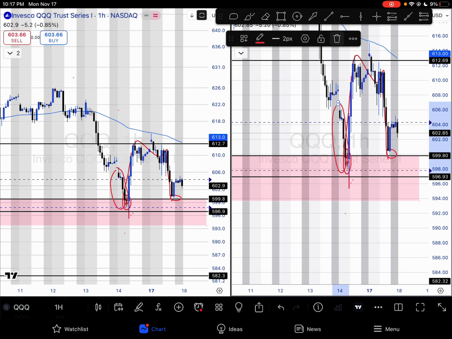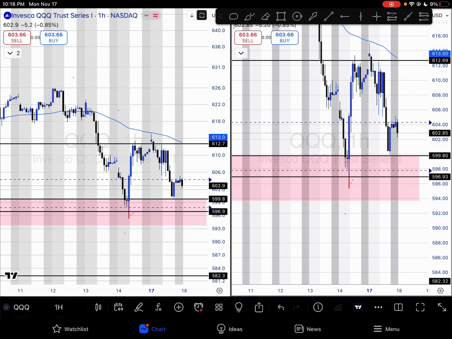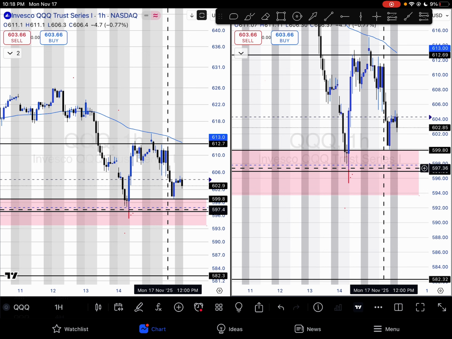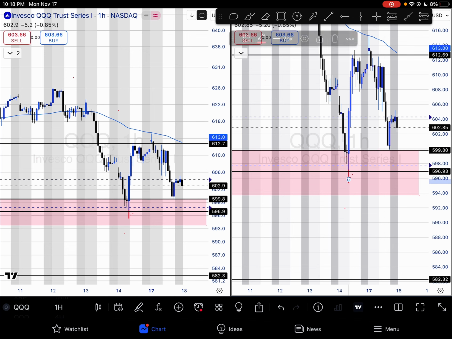I'm going to remove some of these circles so we can see a little better. But when you look at that 599, it looks like price is going to fall right back into the same zone, and maybe even fall here, because that's what it did previously, right?